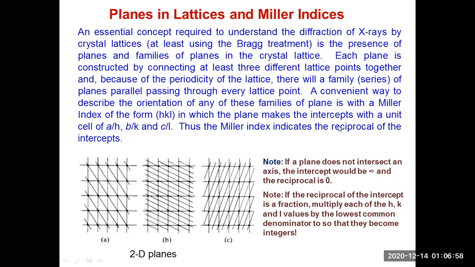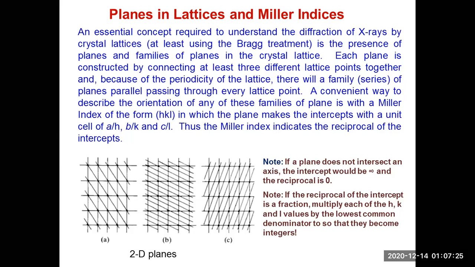And if the reciprocal of the intercept is a fraction, say a by b, you have to multiply each of these HKL values by the lowest common denominator. You obtain that lowest common denominator by taking the LCM such that they become integers. This is a very important aspect.